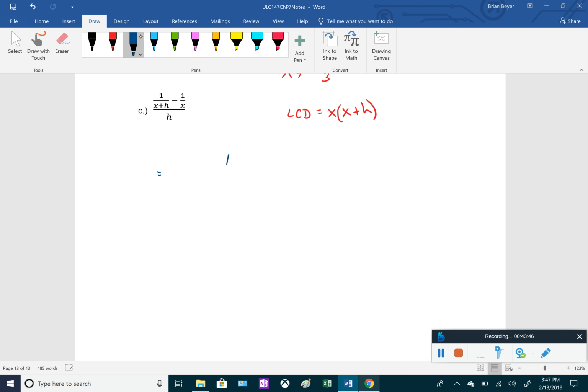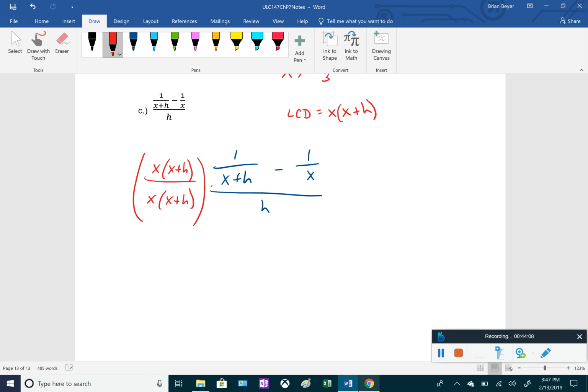So we're going to multiply each one of these by x times x plus h. So we're going to multiply in the numerator and multiply in the denominator. And we're going to see what happens here.